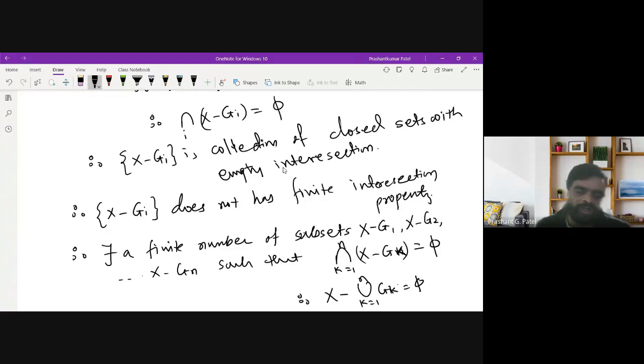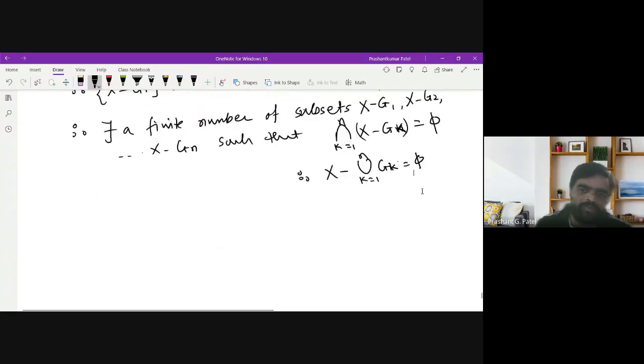So X minus this quantity is empty, therefore we can say that X is a subset of the union of G1 to Gn, or you can write equal. Okay, so this X has a finite subcover.